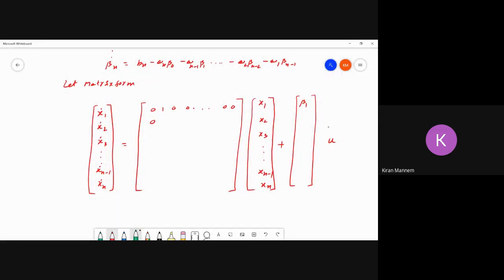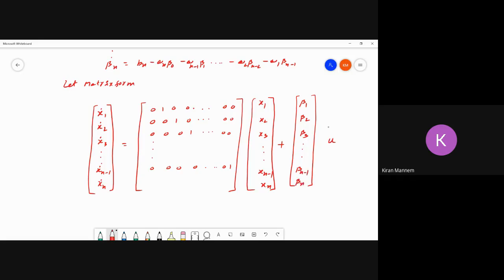So it would be 0, 1, 0, 0, 0. You get beta 2 here. Similarly, 0, 0, 0, 1. You get beta 3 here. So three dots here, three dots here. And it would be 0, 0, 0, 0, the last 0 and 1. And here we'll get beta n minus 1. So obviously the last one is beta n.